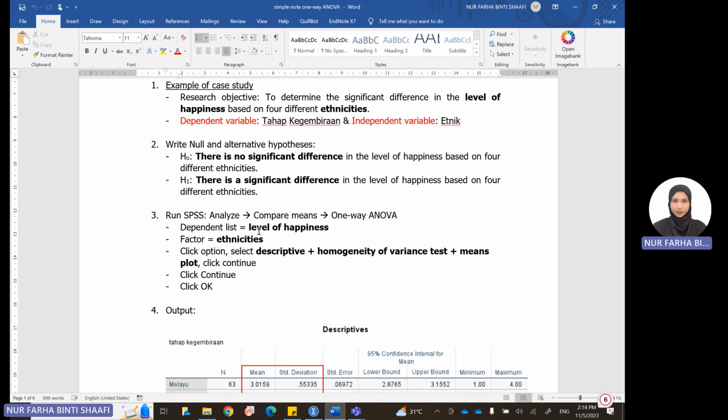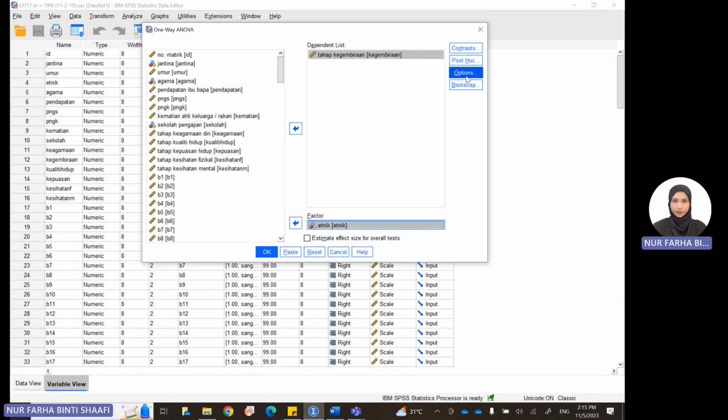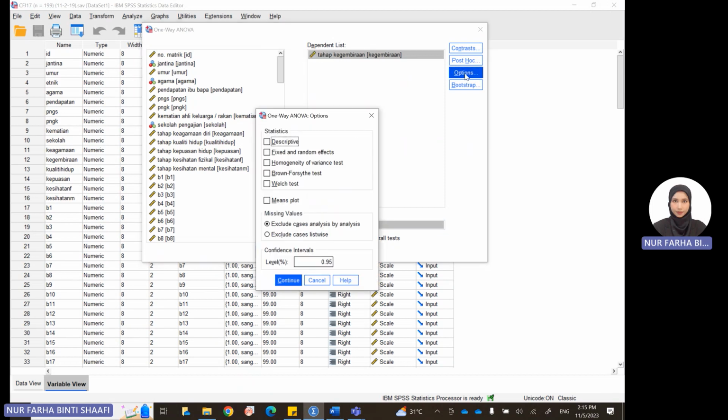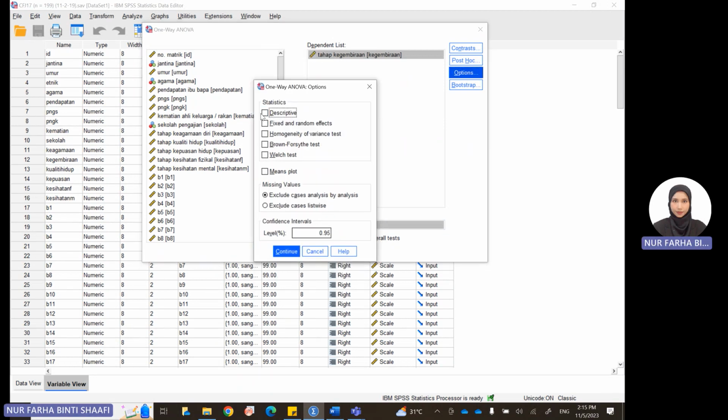Once you have put these 2, click Options on the right-hand side. A pop-up of options appears. Click and select Descriptive, Homogeneity of variance test, and also Means plot.